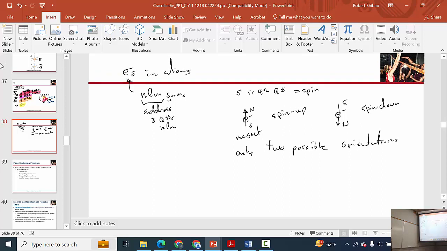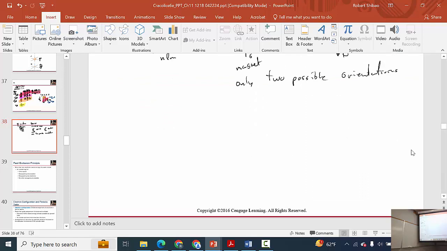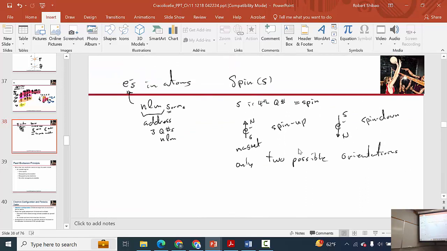So this is electrons in atoms, and we're talking about spin, S. Q stands for quantum number.